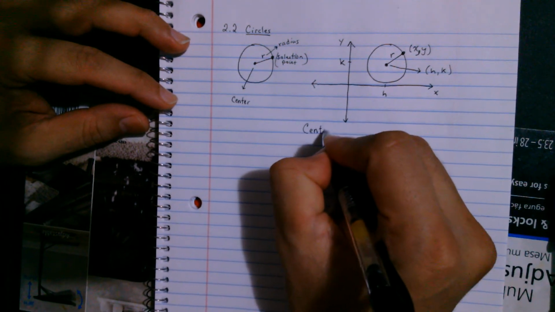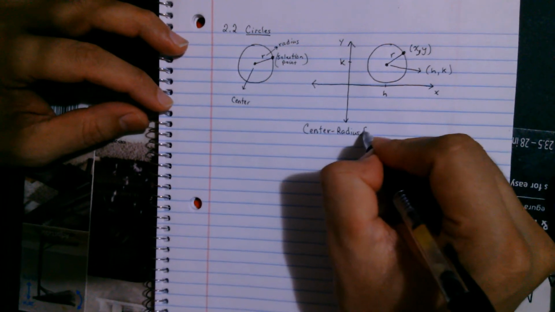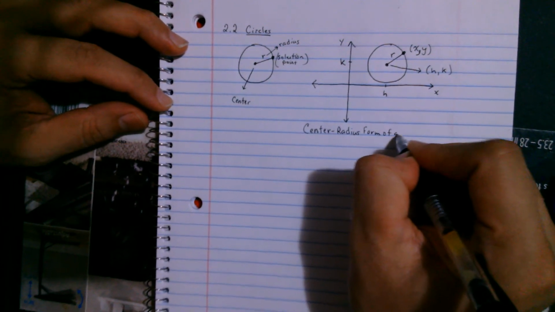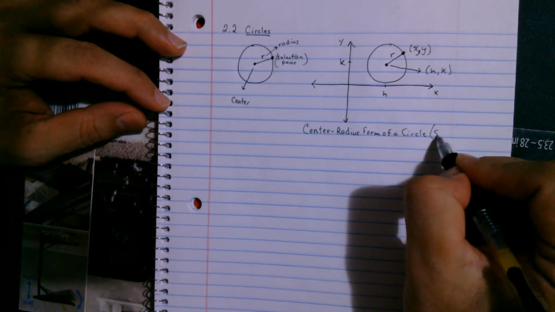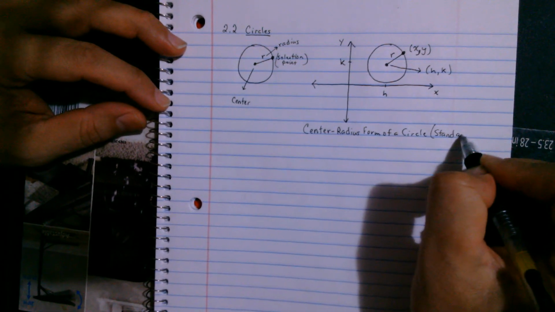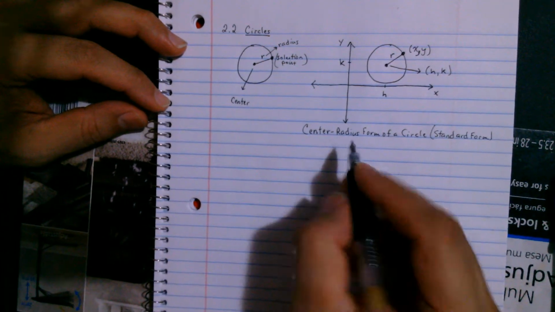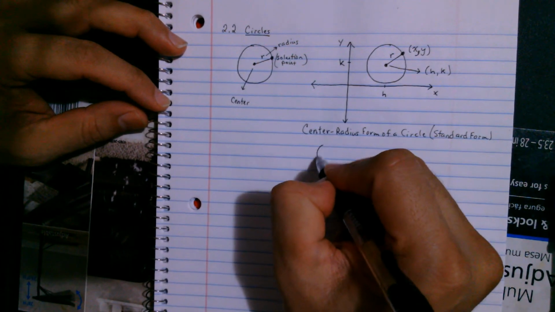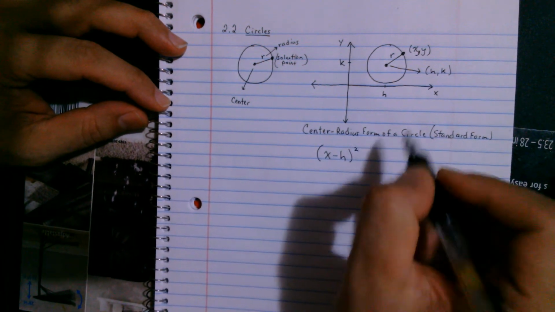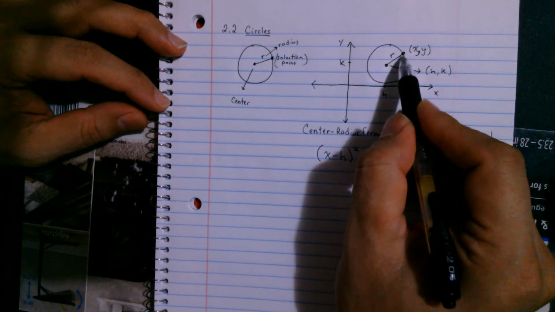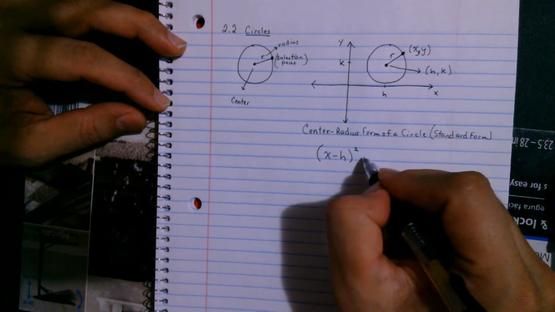So there is the center-radius form of a circle, which sometimes I call standard form. There are many ways of calling something standard, but ultimately the book I think uses center-radius. The formula is based on the Pythagorean theorem. If you made a little right triangle out of this, you'd have a squared plus b squared equals c squared.